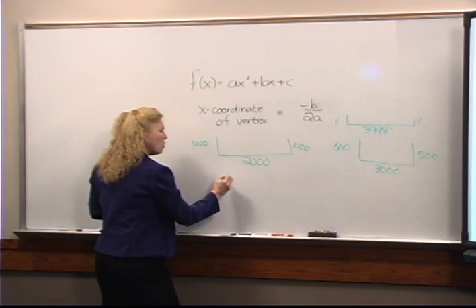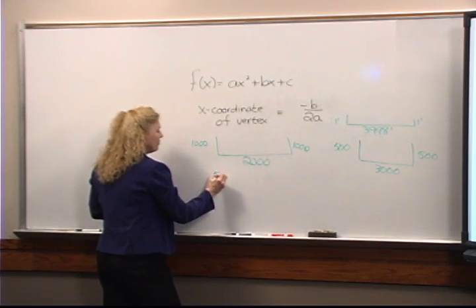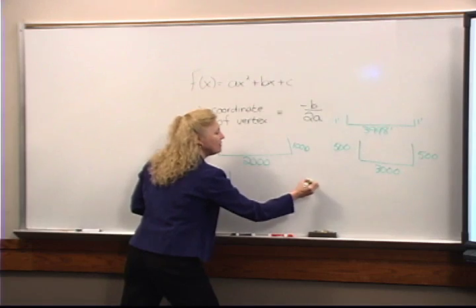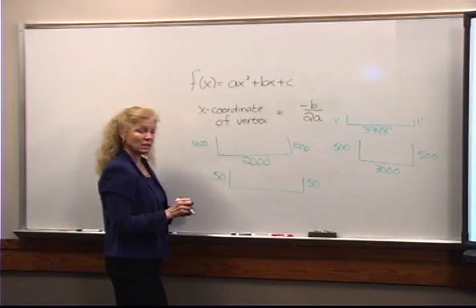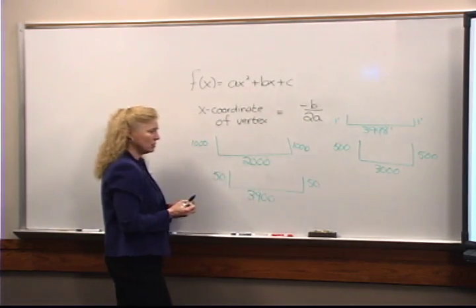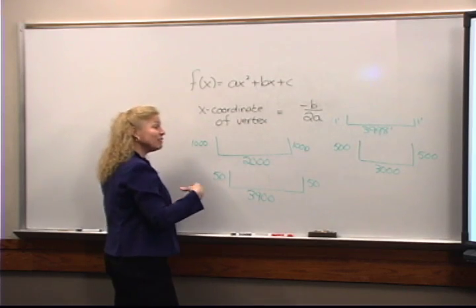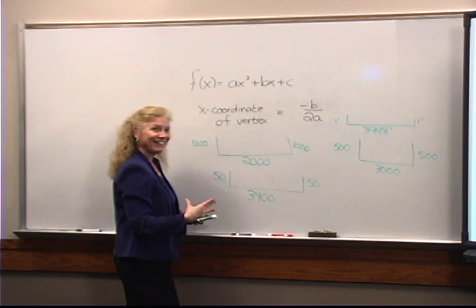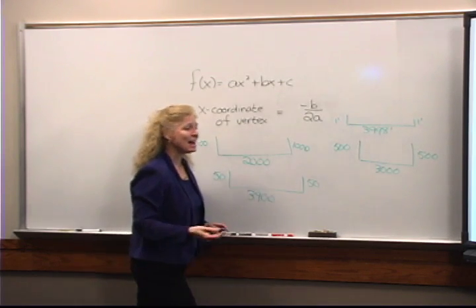So what if we had, I don't know, 50 and 50? That takes up 100, and so that would leave 3,900. Okay. Well, since this can vary, hence a variable would be a great idea.